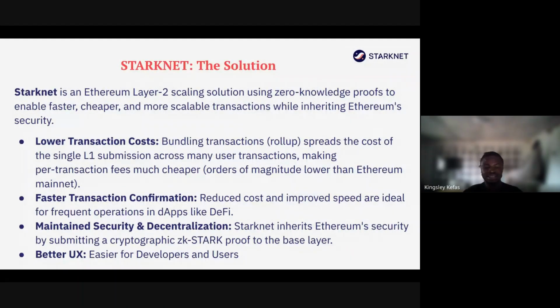So if you are doing a transaction on Starknet, you don't have to worry about, let's say, okay, I want to send $16, I must pay $13 in gas. So this is a solution to your problem, right? You pay lesser and also get the same value. Your security is also guaranteed, right? The next solution is that it enables faster transaction confirmation.